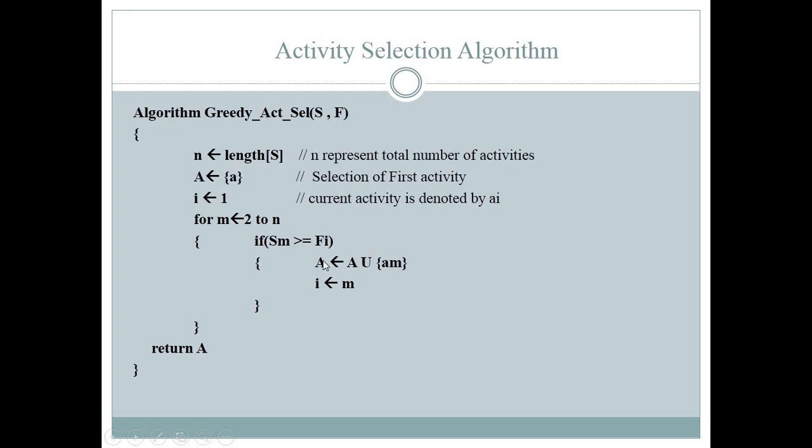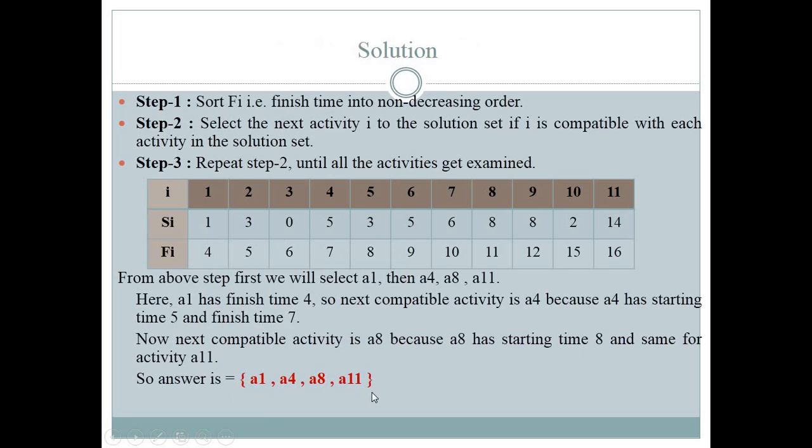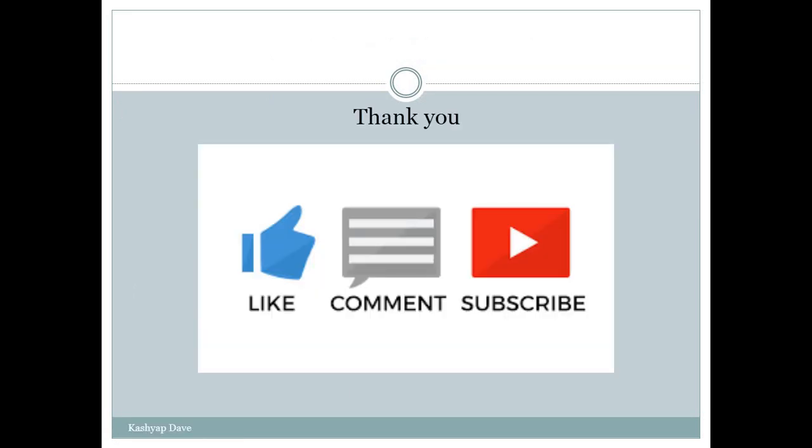If we find a solution, we put it into our union, our solution set, and we take its finishing time, and after the finishing time we again start our solution finding, and if we find a solution again, then again we put it into our set. So after completing it, we will find the set as A1, A4, A8 and A11. So this is the activity selection problem and an introduction to the greedy algorithm.